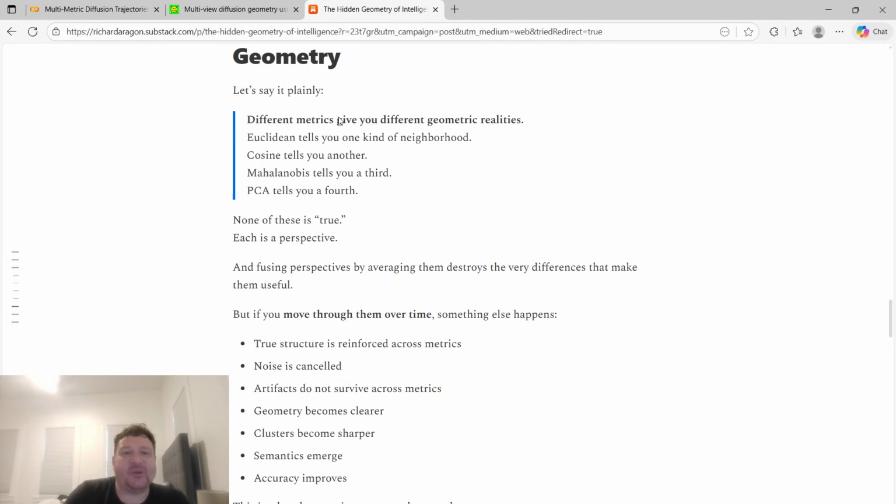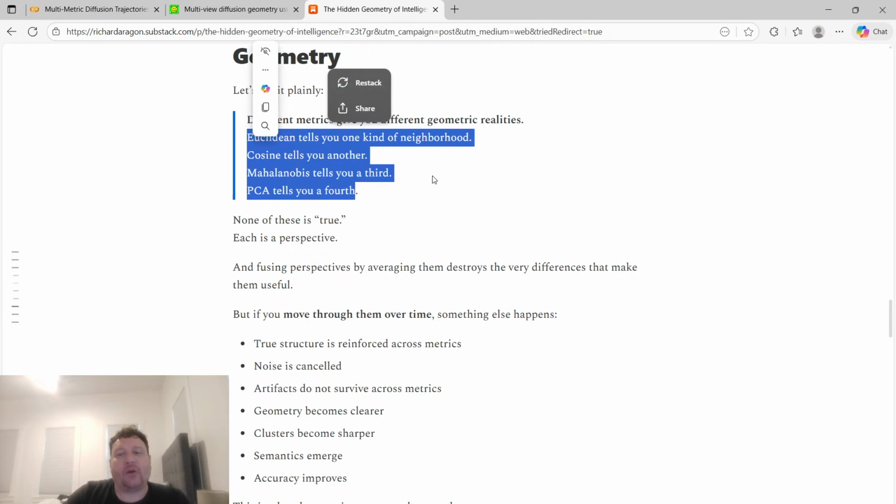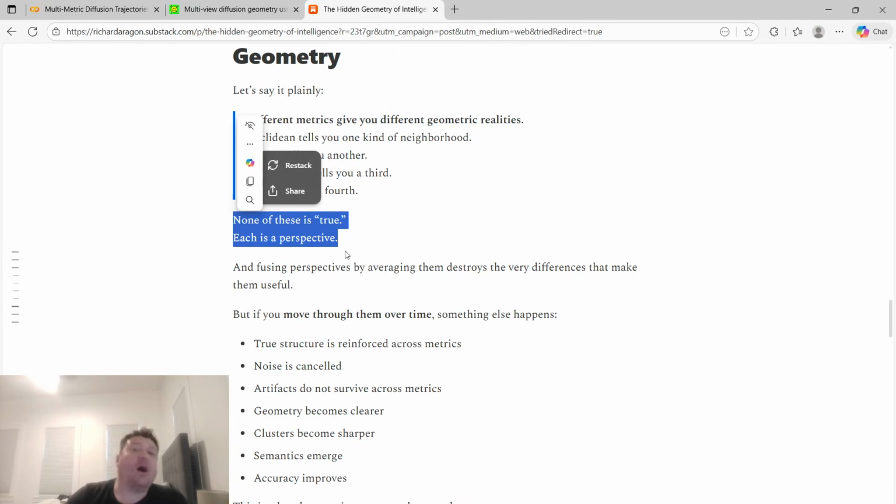Euclidean tells you one kind of neighborhood, which is a completely different reality than cosine, which tells you another, which is a completely different reality than Mahalanobis, which tells you a third, which is completely different than PCA, which tells you a fourth. Going back to that space analogy, your reality as an observer on Earth is completely different than that of someone on Mars, which is completely different from the reality of an observer like the Hubble telescope.